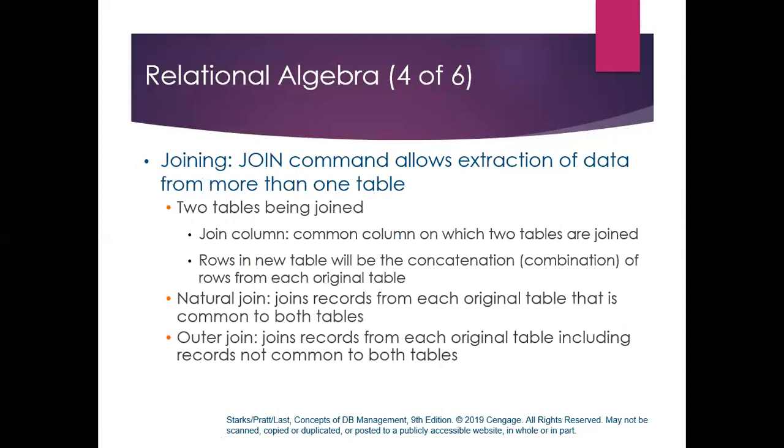When two tables are combined, the tables are combined based on the values in matching columns, also known as the join column. The new table which is created contains columns from both tables. The rows in the new table are a concatenation of rows from the two tables. There are two types of joins, the natural join and the outer join.